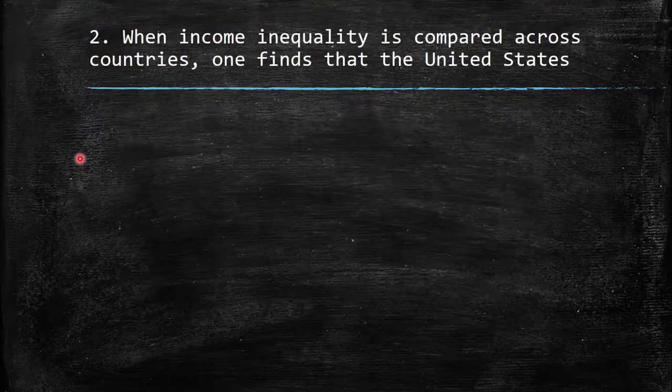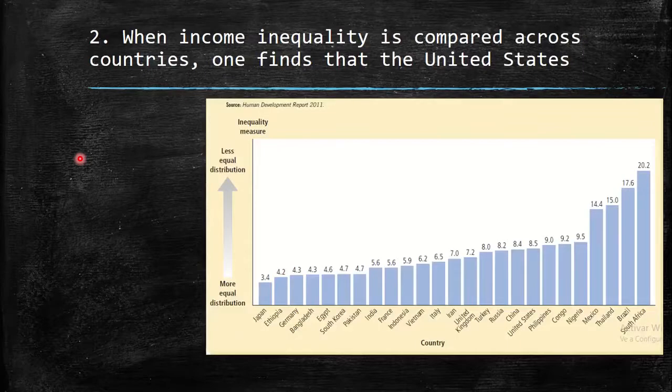The second one says, when income inequality is compared across countries, one finds the United States. So here we have the table that we had a look at throughout the chapter, where in the x-axis we have the countries, and in the y-axis we have the inequality measures. The closer you are to zero, the more equal you are.